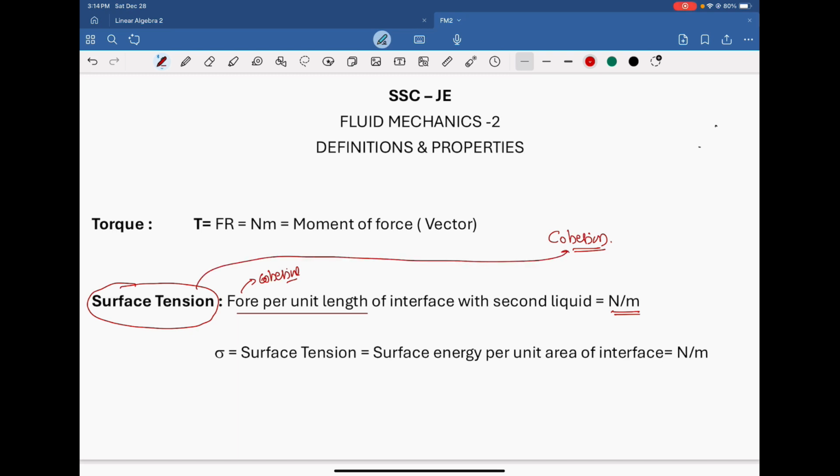Any question can come in your examinations asking for surface tension is due to what property of the fluid. It is because of the cohesive forces or because of the cohesion between intermolecules. Intermolecular cohesion.